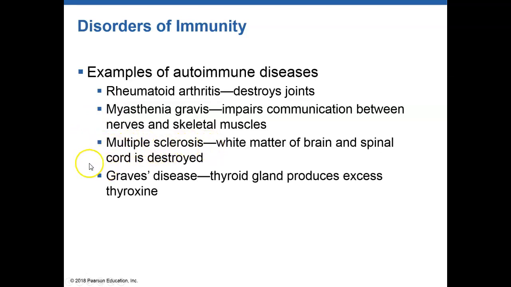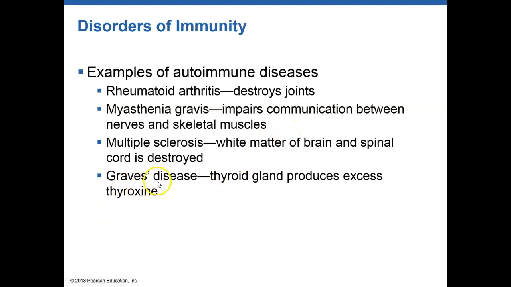Multiple sclerosis affects the nervous system. It tells your immune system that the myelin sheath around your brain and spinal cord is not self.